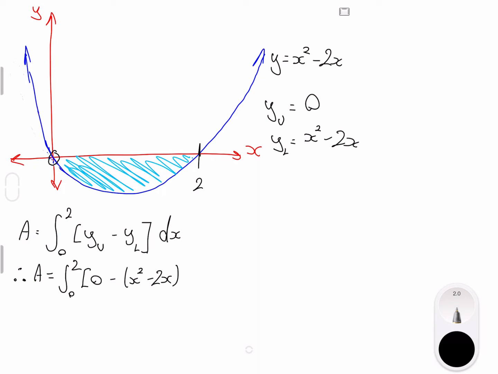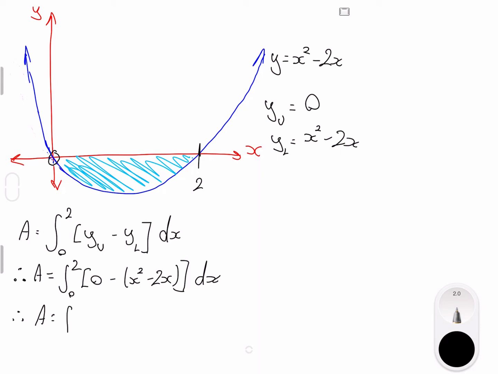So, let's simplify this a bit further. Now, we could split this up if we wanted to using our rules for integration and split it off into two integrals, or we could just simply simplify it. In this case, I'm just going to simplify it.